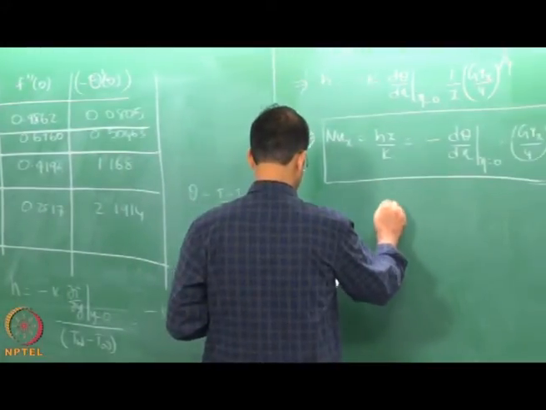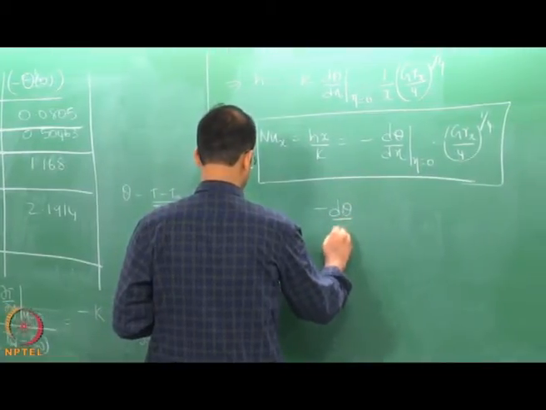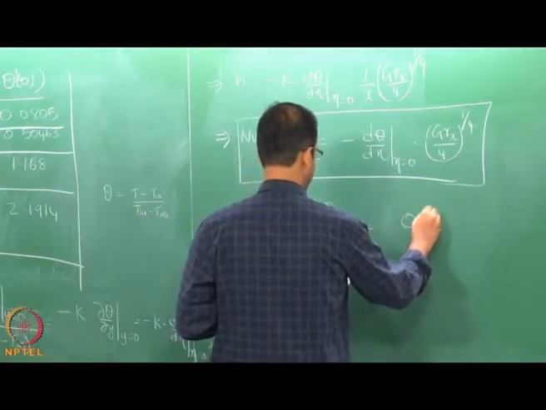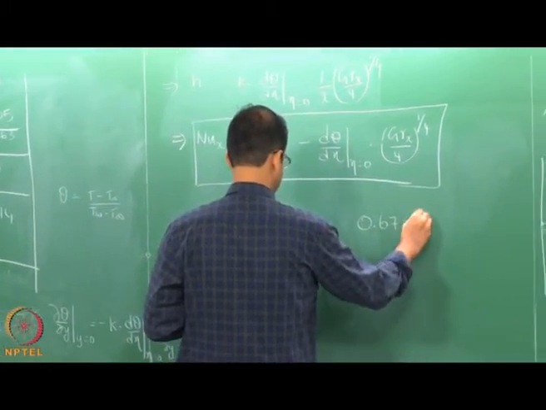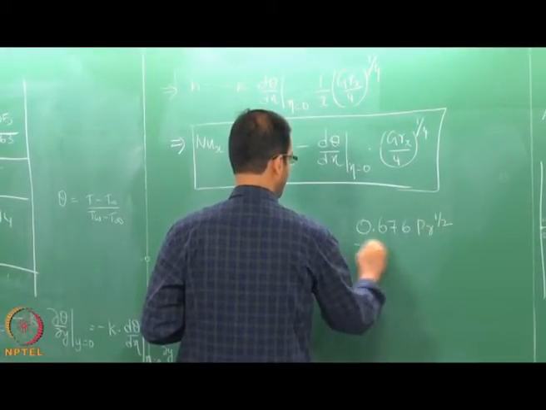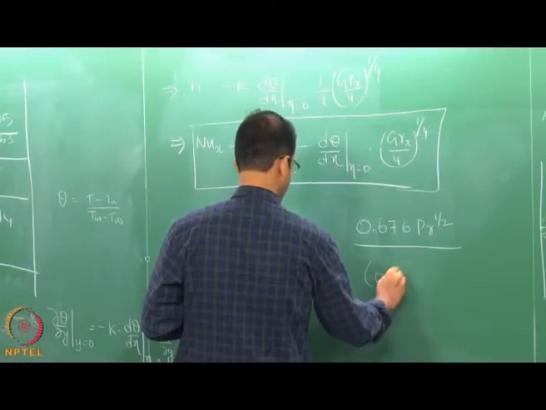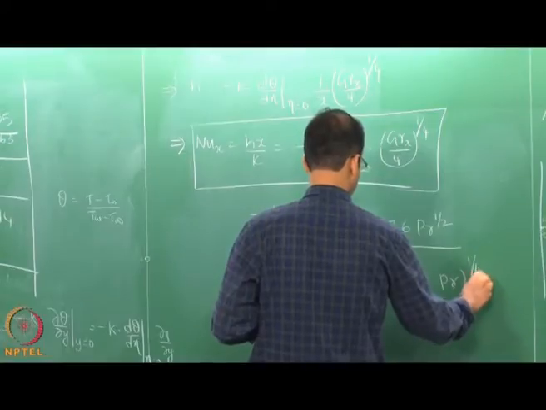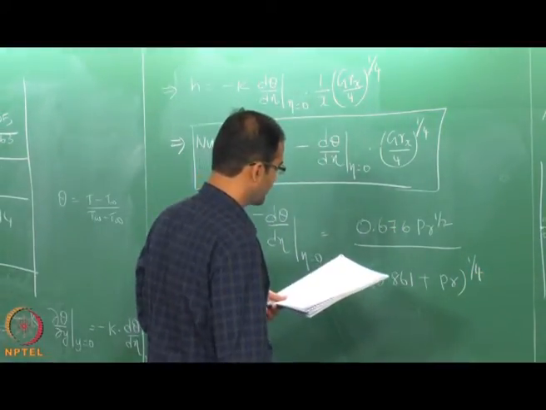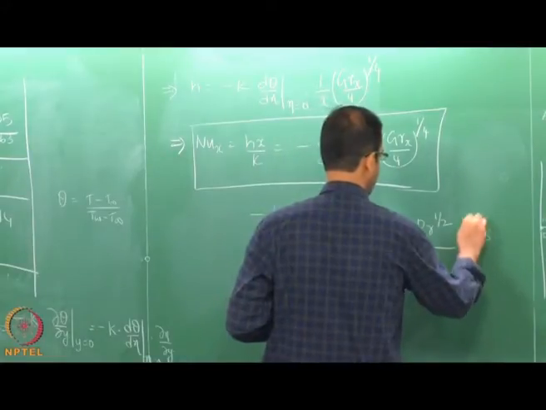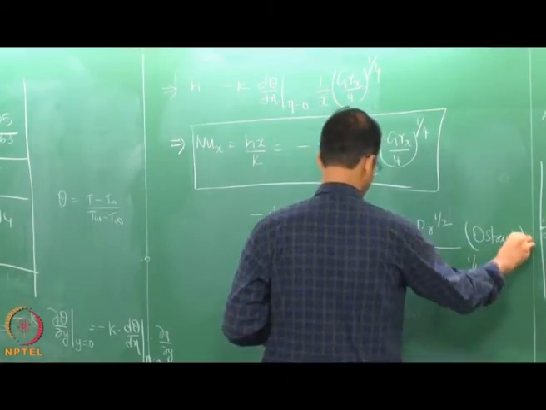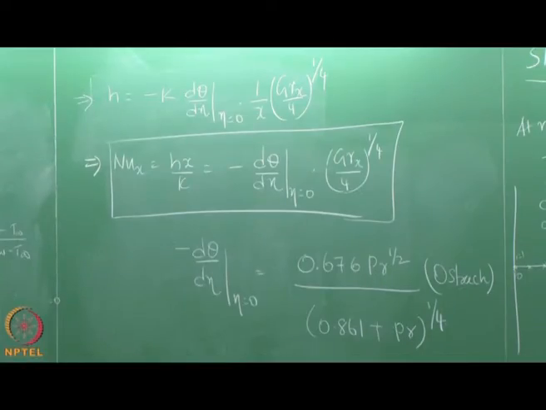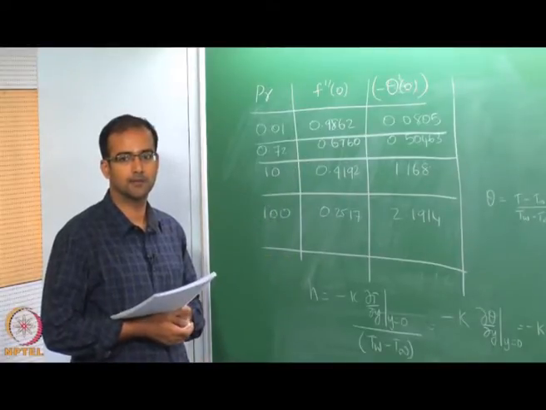So, according to that, it comes out to be minus d theta by d eta at eta equal to 0 according to Ostrach is 0.676, okay. So, this was by Ostrach. You can do a quick check for Prandtl number equal to 0.7 whether you recover the value shown here.